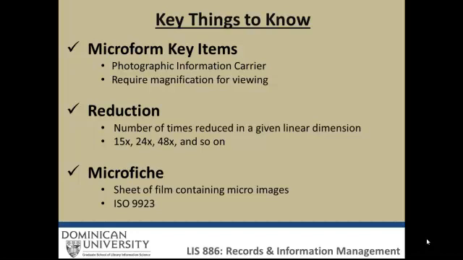Typically, you're going to see it 15 times, 24 times, 48 times, and so on. Also, when it comes to microfiche, make sure you know that those are sheets of film which contain micro images, and they're governed, or at least best practice driven, by ISO 9923. I want to make sure you at least have a familiarity with these, and then pay attention to some of the things that Safety is talking about in the text.